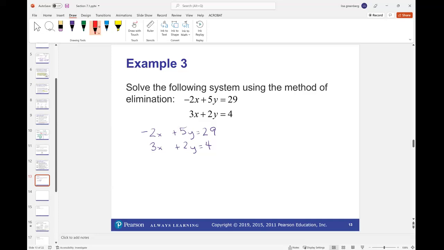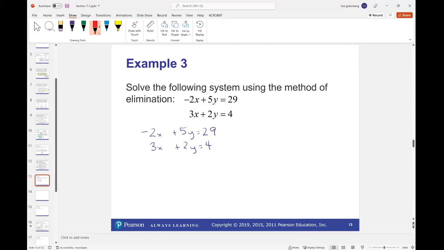a -2 and a 3, and I really want to find the least common multiple, which would be the same as trying to find the least common denominator if it was a denominator. But we're going to say the least common multiple. Well, it's going to be 6, right?